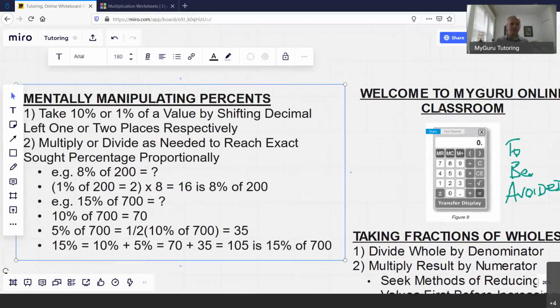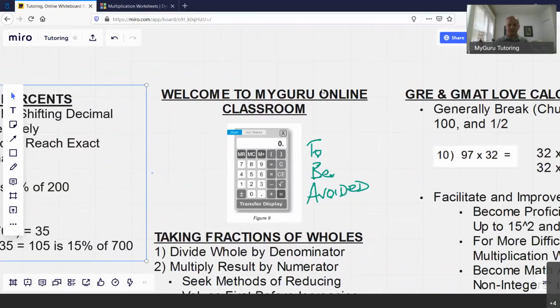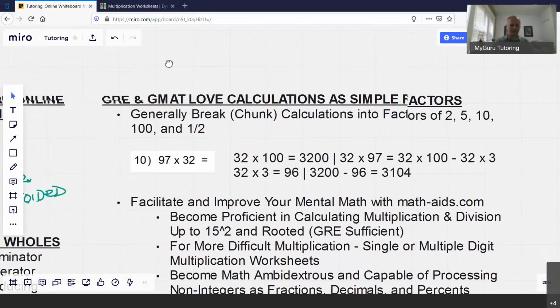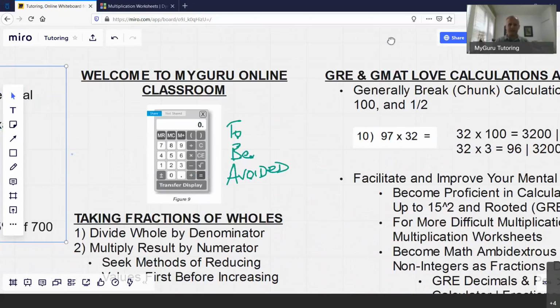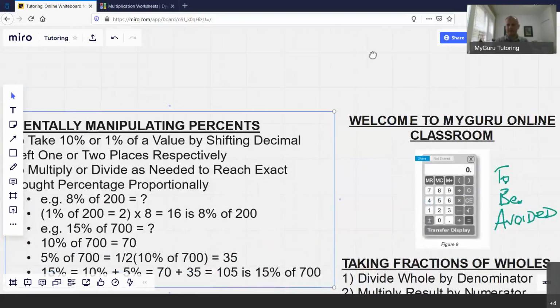So those are some of the top line mental calculation things that you'll want to do. So we started off chunking for a problem such as 97 by 32. We talked about taking fractions of wholes by doing the denominator first, and manually manipulating the percentages using that technique.